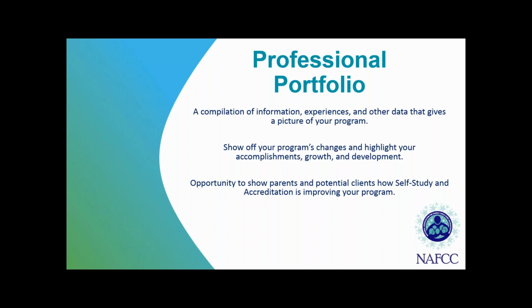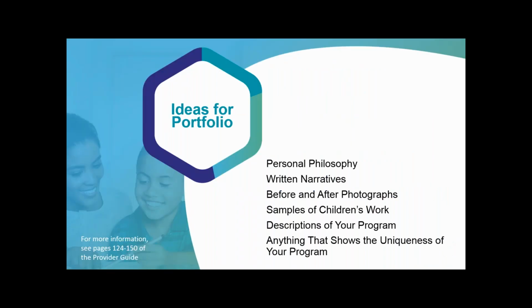We do have some ideas for starting a professional portfolio. You can find that information in our provider guide, pages 124 through 150, but here are some of those ideas. You may want to include a personal philosophy, written narratives, before and after photographs, samples of your children's work in your program, descriptions of your program, and anything that shows how unique your specific program is.